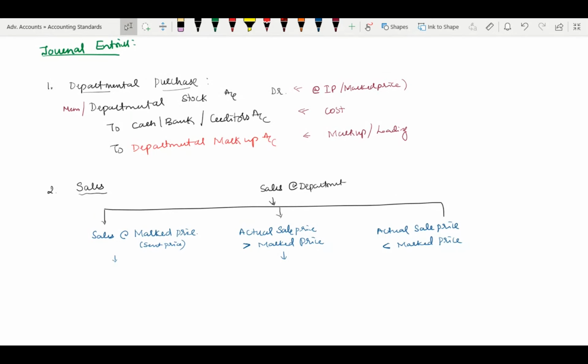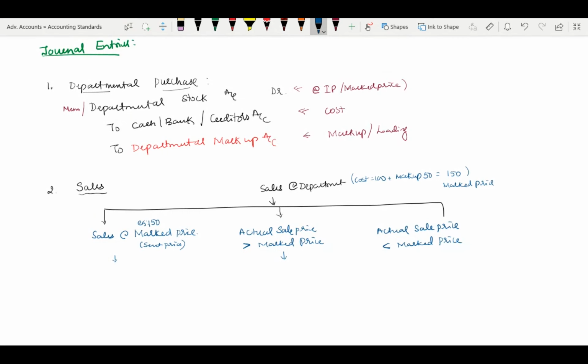Suppose the market price is 150. So the cost is equal to 100, plus markup 50. Therefore market price is 150. Just an example, I'm saying.